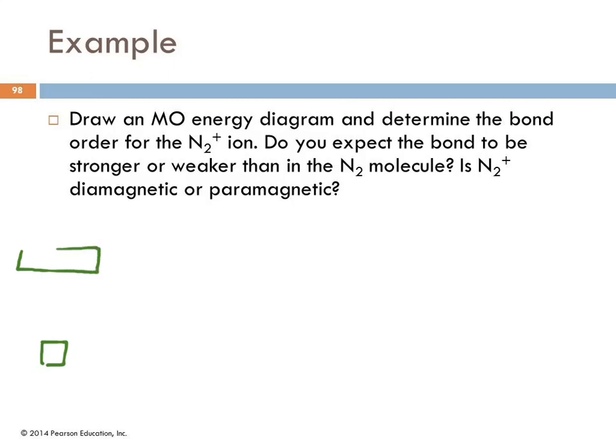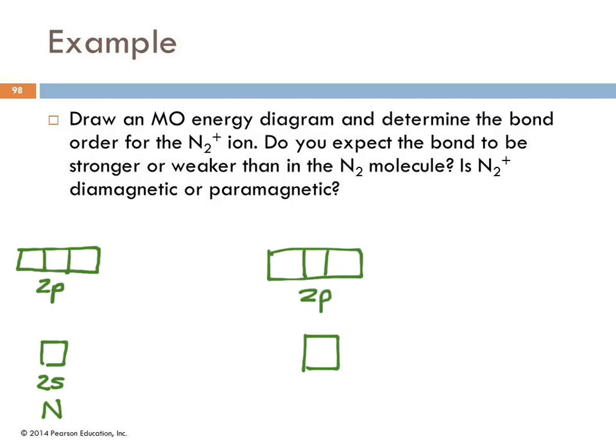Maybe I'll space this out a little better this time. Nitrogen's valence electrons are in the second principal quantum level. We've got 2 nitrogen atoms. How many valence electrons does nitrogen have? 5.